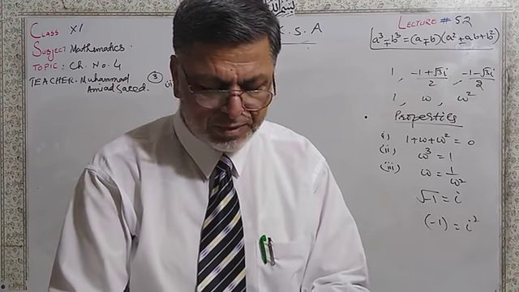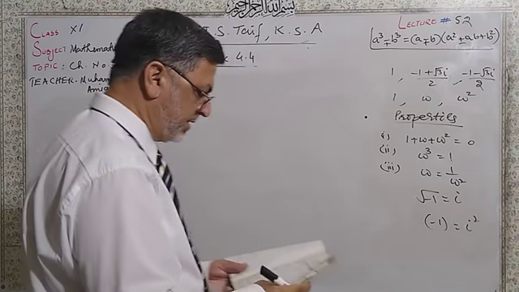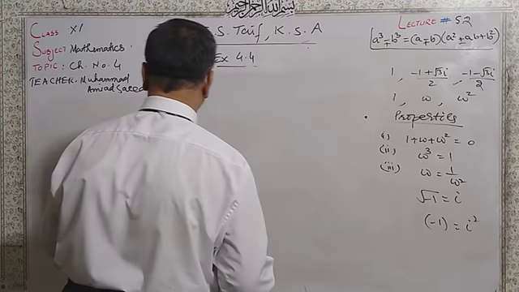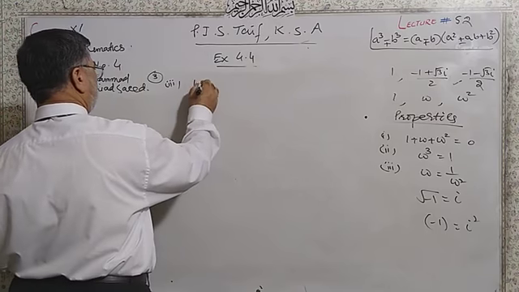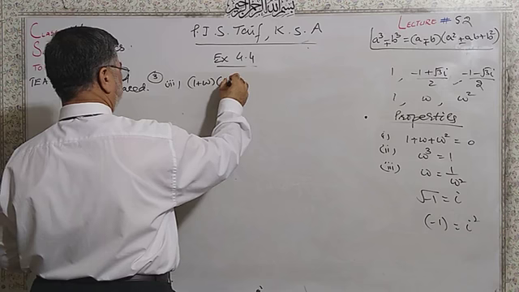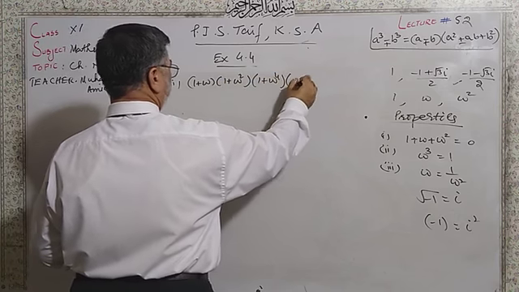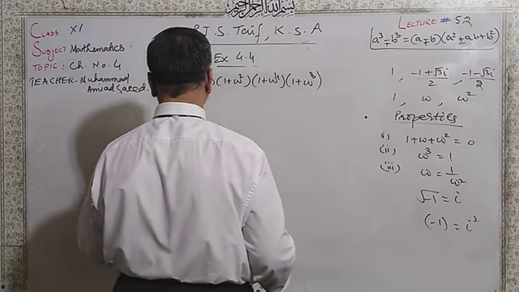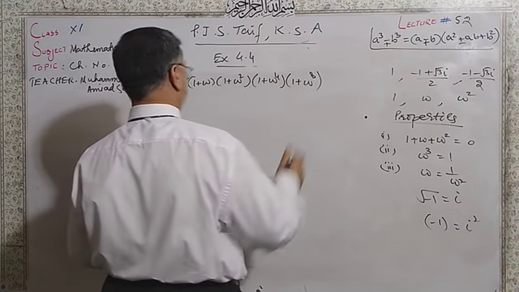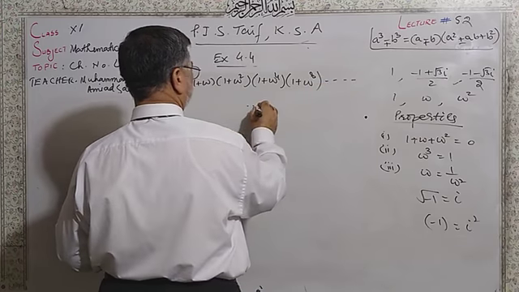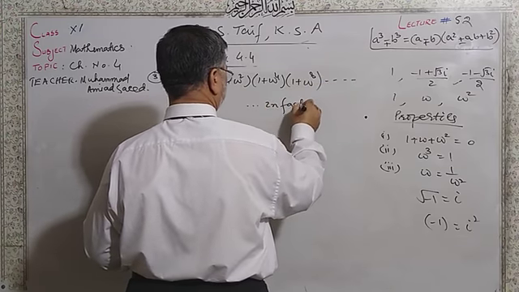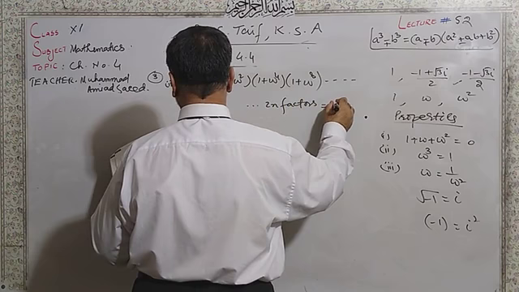Here is (1 plus omega) into (1 plus omega square) into (1 plus omega 4) into (1 plus omega 8) up to so on 2n factors is equal to 1.